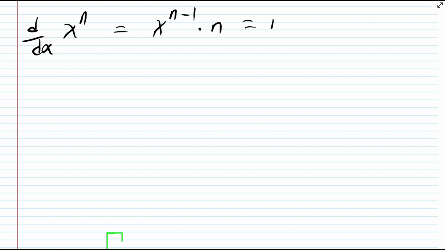So in this case, we'll have n x raised to the power of n minus 1. For example, if you have x raised to the power of 2, this is going to be 2 times x raised to the power of 2 minus 1, which is equal to 2x, right?